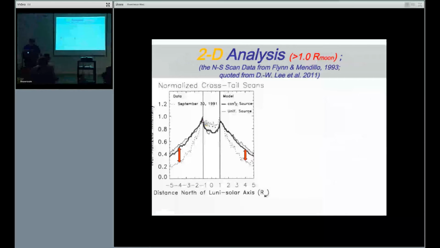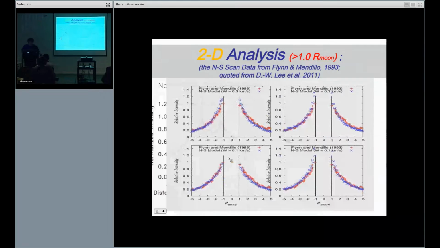And here is the previous two-dimensional radial profile analysis by Flynn and Mendillo. In this case, there is some discrepancy in the radial brightness modeling with their observation. We can see some discrepancies here. In our case, we made the same two-dimensional analysis based on our modeling, and we found a very similar conclusion to the previous authors.